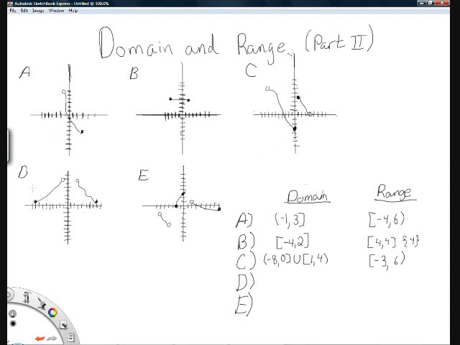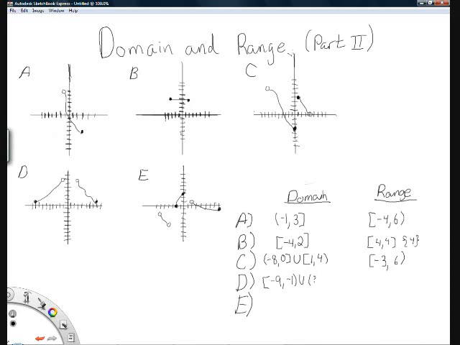Let's look at D. D goes from -9 to -1, picks up again at 3, and goes till 8. So we are going to write bracket -9, comma -1 parentheses, union 3 to 8.